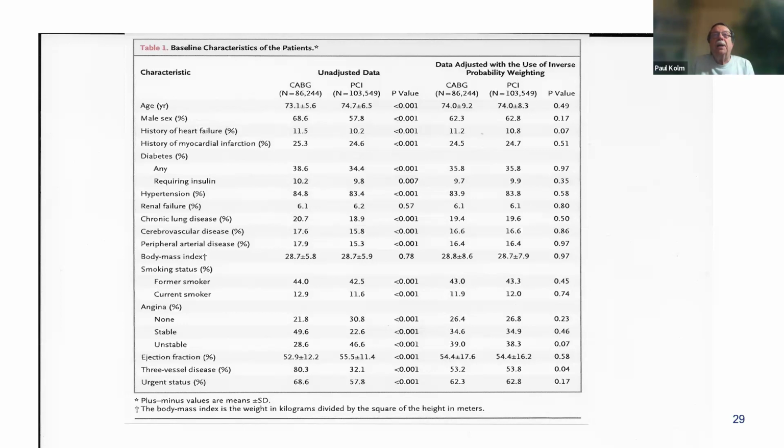It probably would have been better had we used standardized differences, but nevertheless, this illustrates the idea of using inverse probability weighting. On the right-hand columns, you can see that when we've done the adjustment with the IPW, all of the differences are no longer statistically significant.